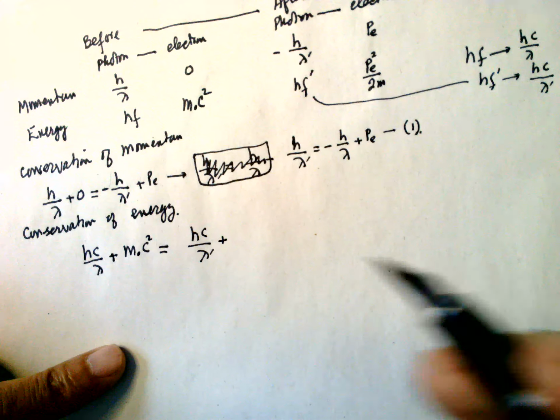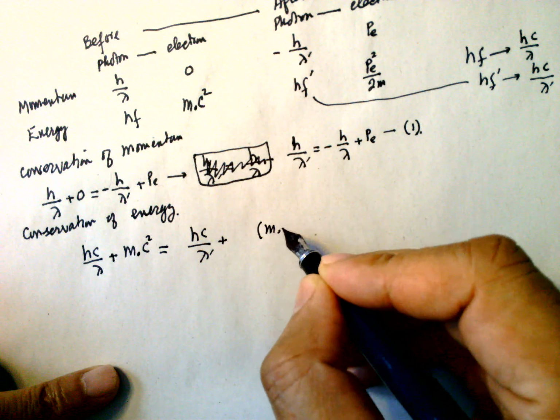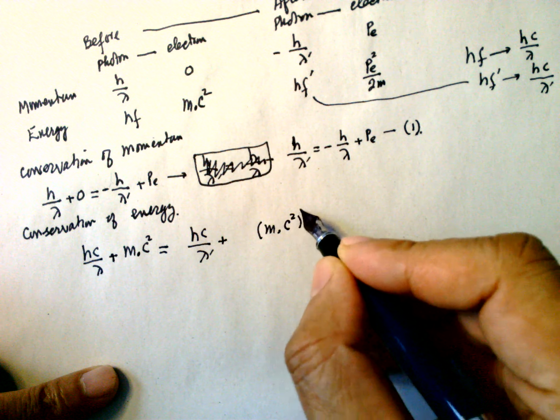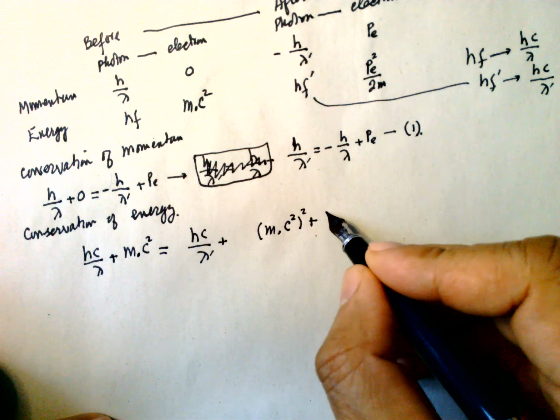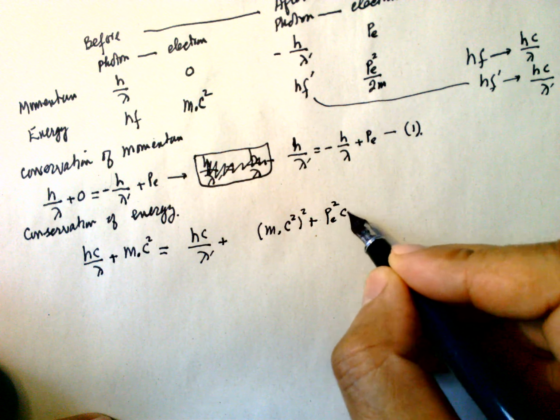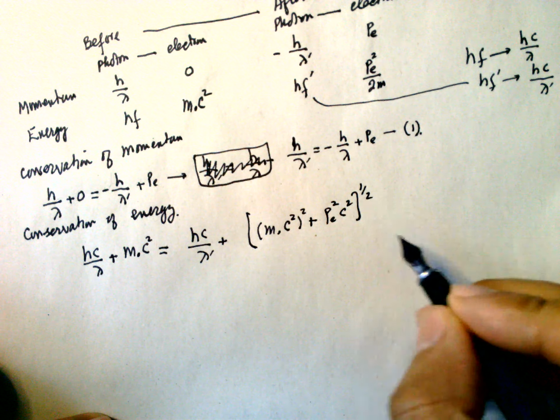It can be relativistic, so it can be written as the square root of m naught c square whole square plus pe square c square.